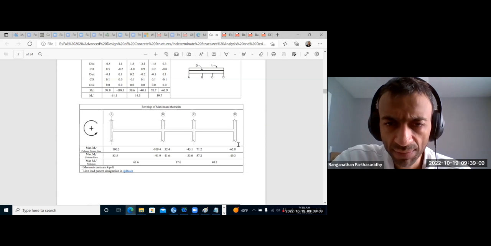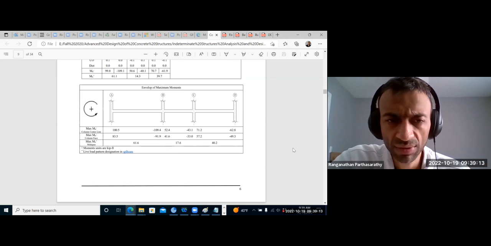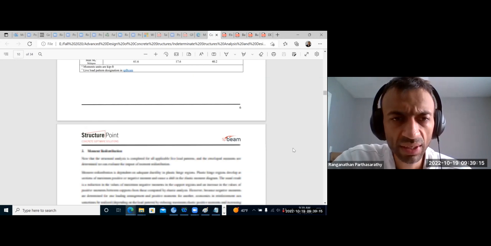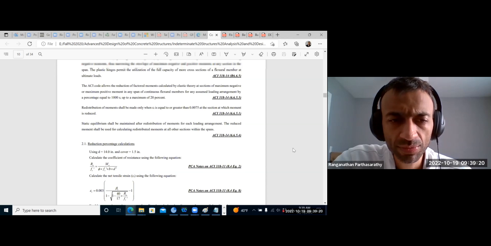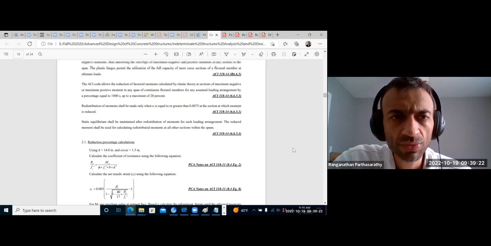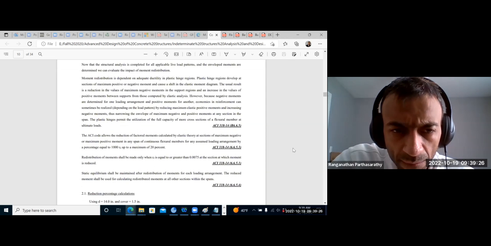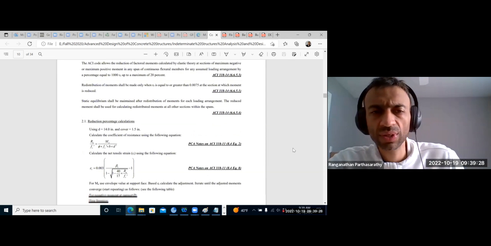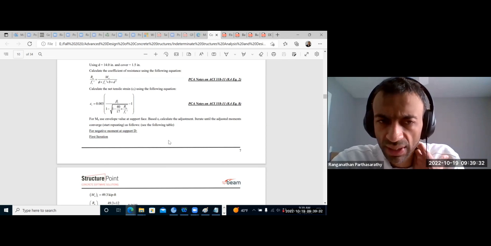We are doing the negative moment at support D, just as an example. That's what they are picking first, okay?